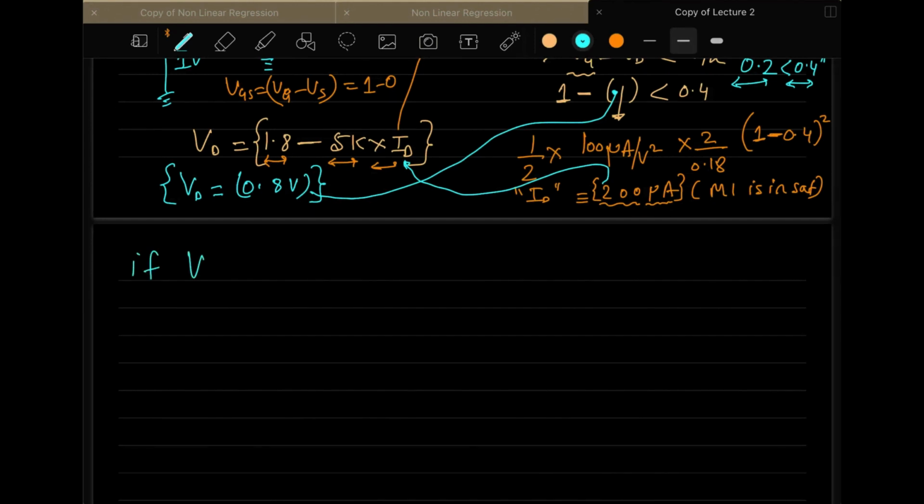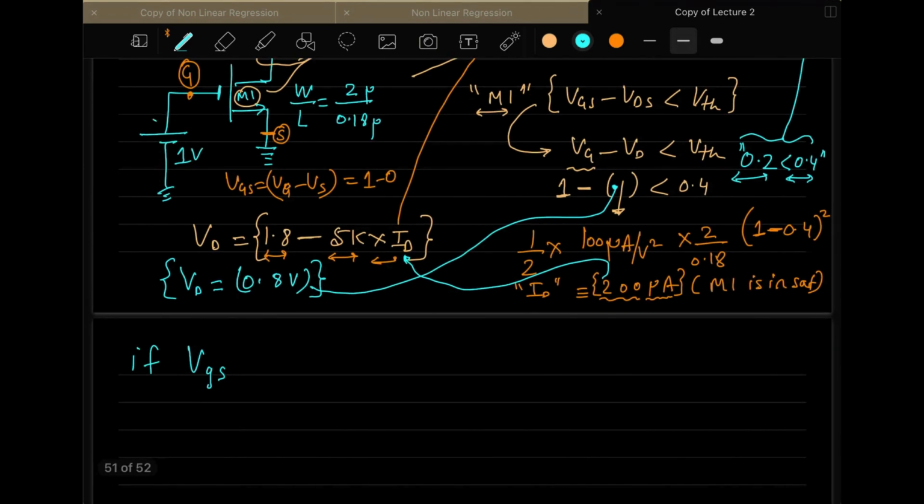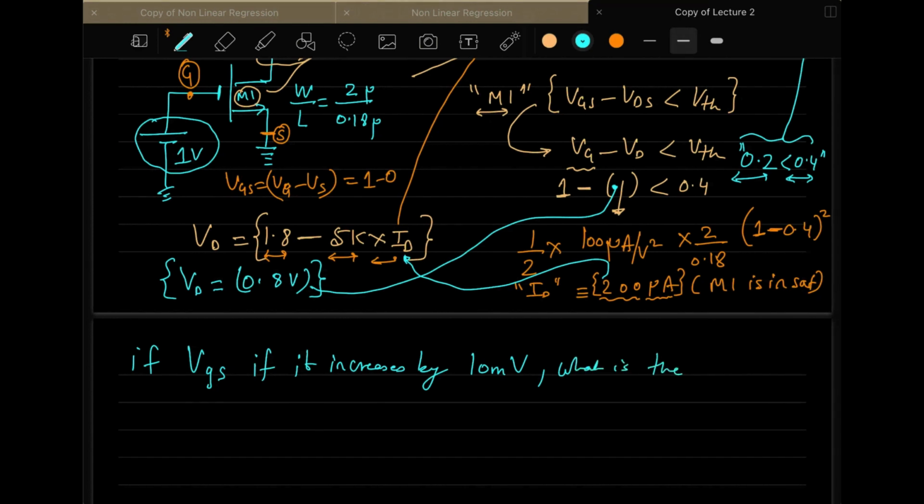if this voltage VGS, which is given over here, increases by 10 millivolt, what is the change in drain voltage?